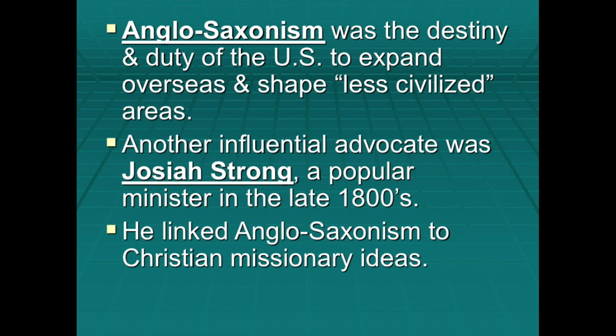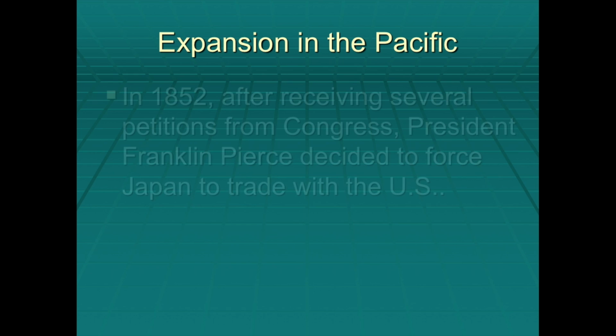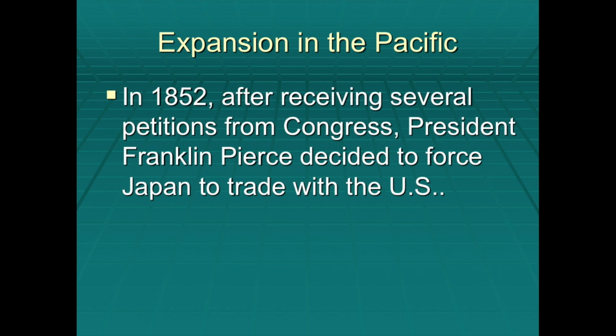He linked Anglo-Saxonism to Christian missionary ideas. So you've got to go civilize the pagans and basically those savages in more brutal words, but that's where they were coming from.